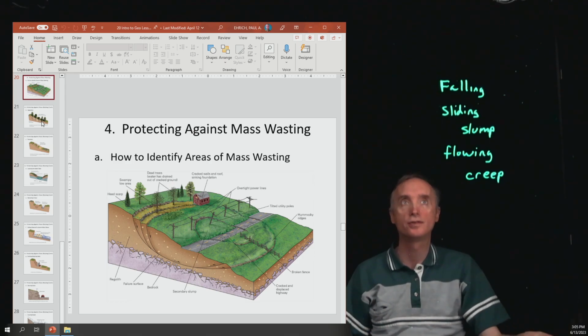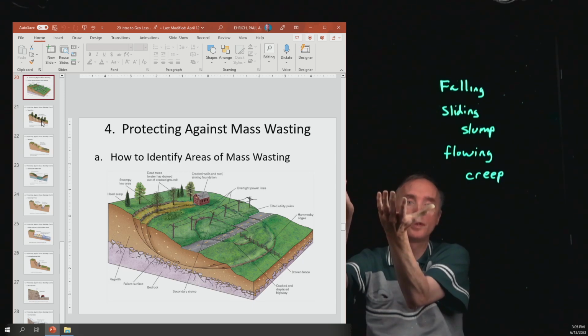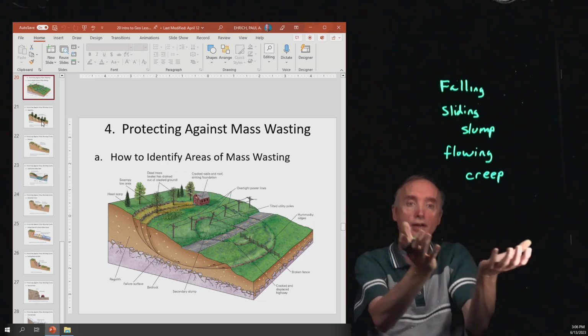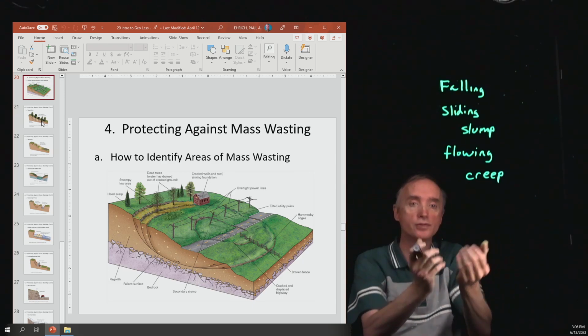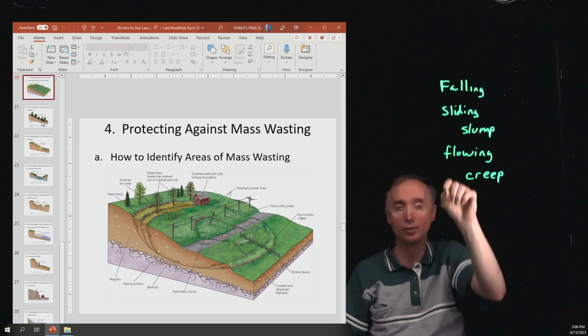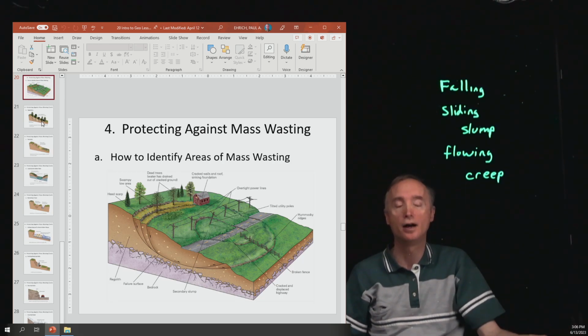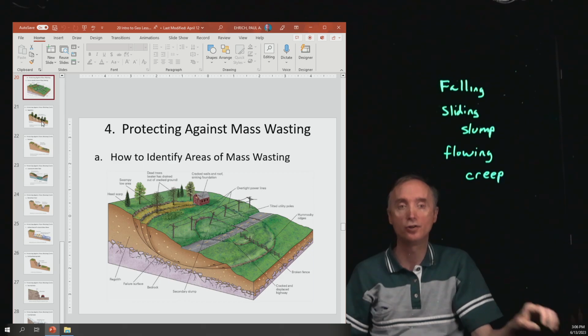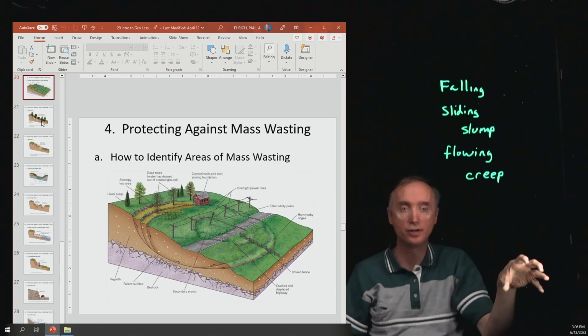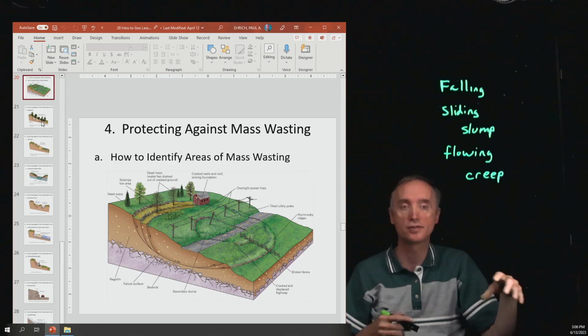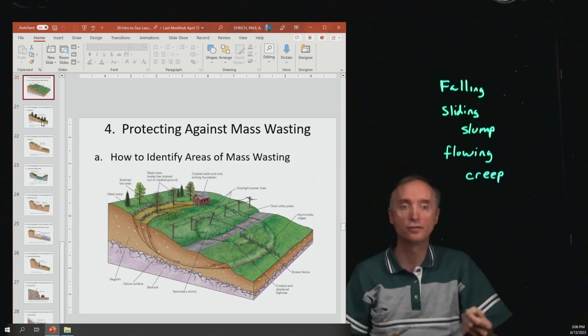We said that sliding things can also be, not so dangerous, but they can be destructive. So that's where things can slide as a unit downslope. An example of that was slumping. Then you also had stuff that could be flowing downhill, such as a debris flow or a rock flow.